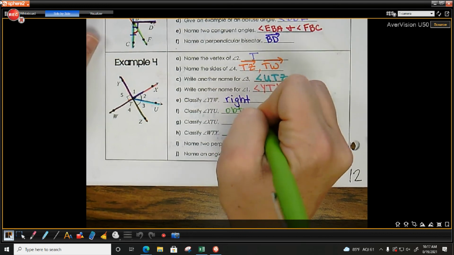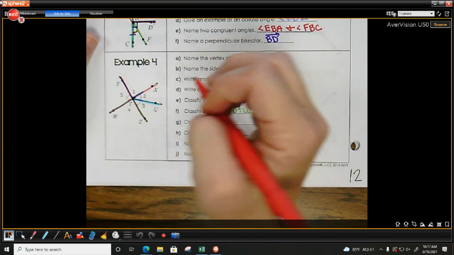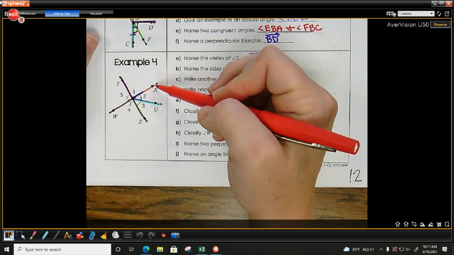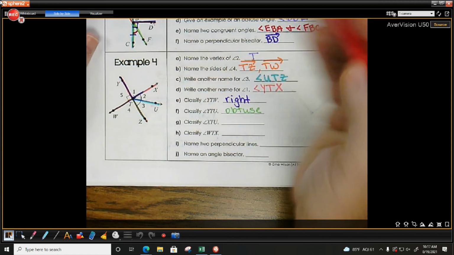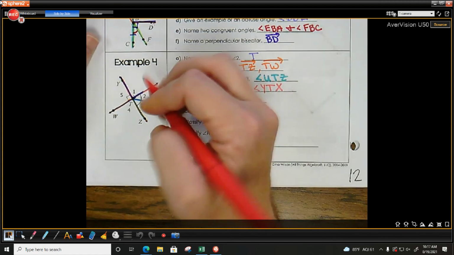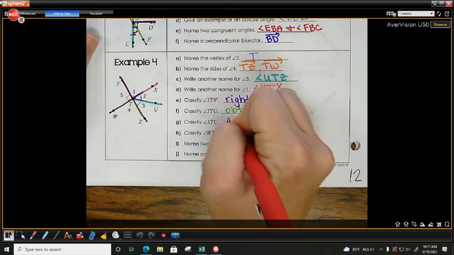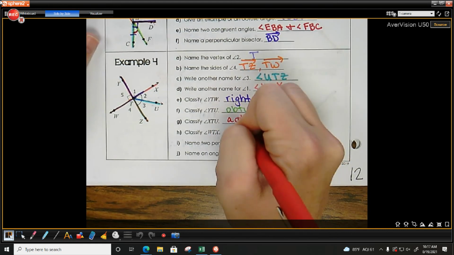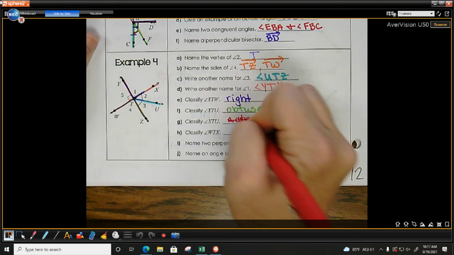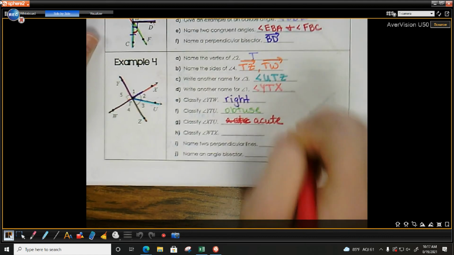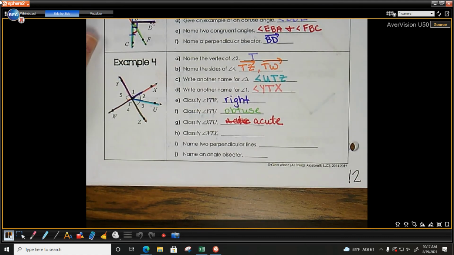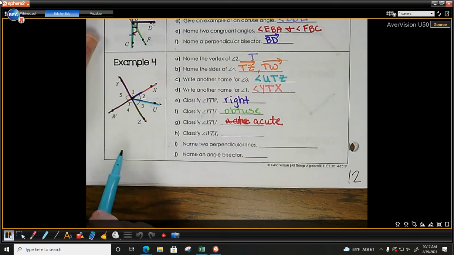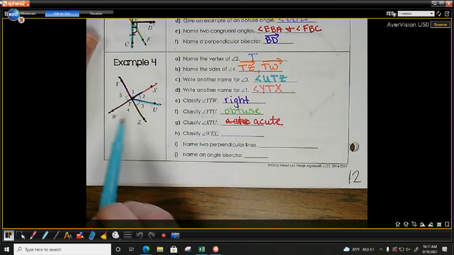XTU is acute. It's less than 90. Okay, and then we have WTX. WTX is a straight angle.